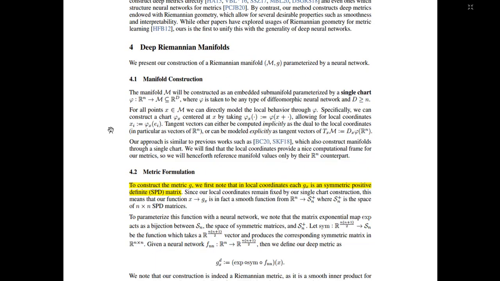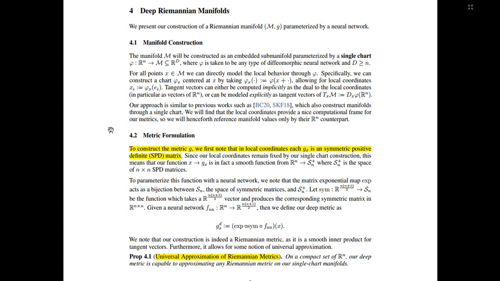In this paper, they try to present a manifold by a single chart. So we have just a single chart. Our manifold is diffeomorphic to R^n. We construct a metric in a local coordinate as a symmetric positive definite matrix, or an SPD matrix.